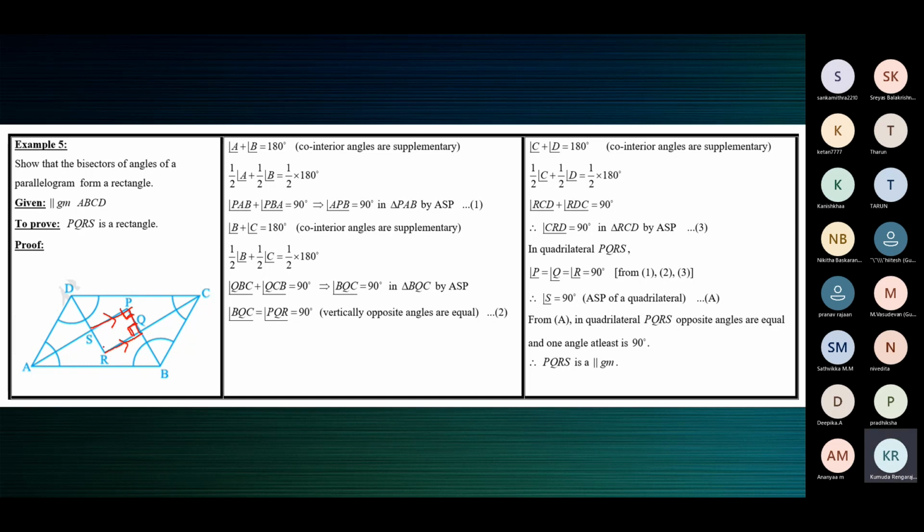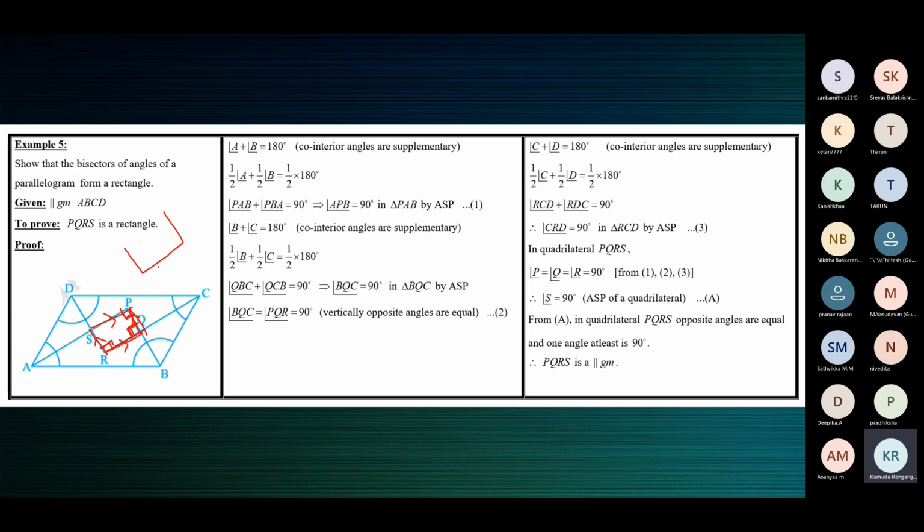Then later we proved that angle R is also 90. So now angle Q plus angle R is 180. Again, co-interior angle is supplementary. So these two lines are parallel to each other, because when co-interior angle is supplementary, the lines are parallel.